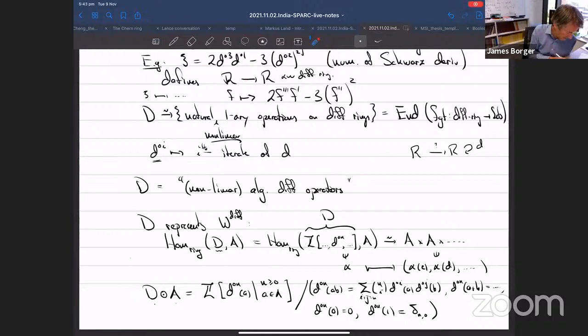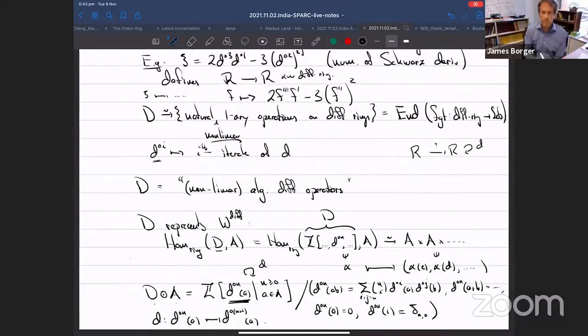Then the derivation, of course, maybe I should say that: this has a derivation, and it will take the formal nth derivative of A, so these are just formal symbols, right, to the n plus first derivative of A. And then it's somehow cooked up exactly so that this is the left adjoint of the forgetful functor.